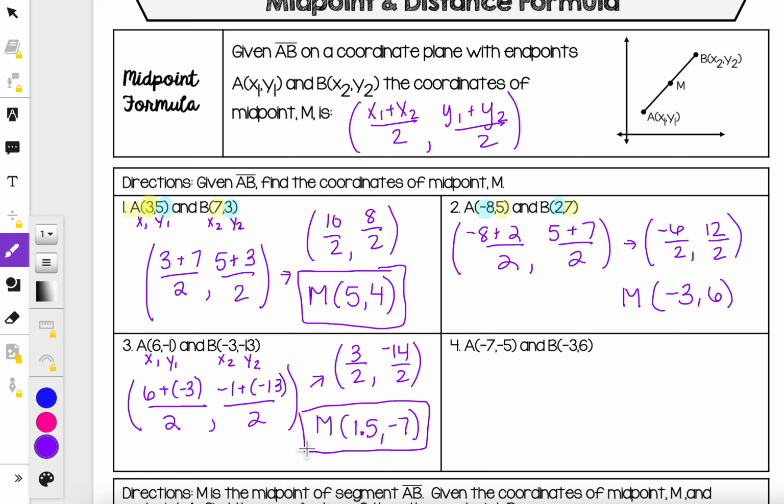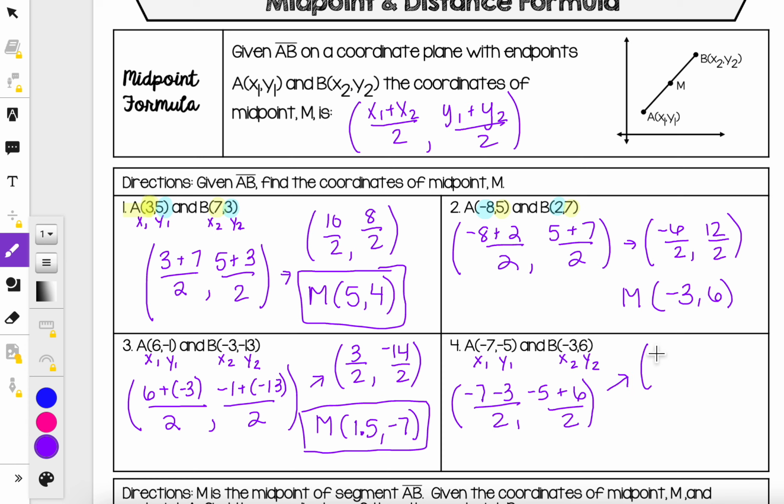All right, and we'll try one more. So again, I'm just going to label those points. Okay, so I have -7, and then here I'm just going to do -3 over 2 to show you that you will get the right answer either way. So I take the average of my x's, the average of my y's.